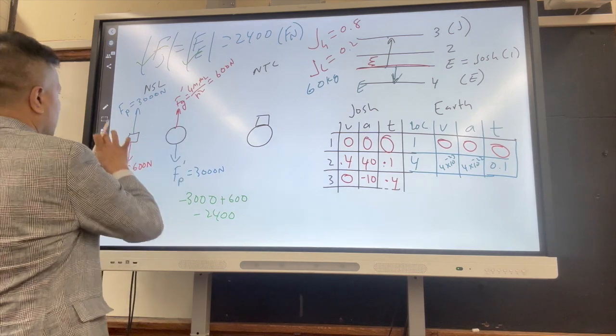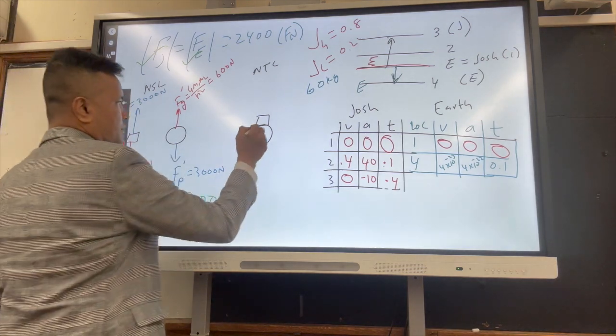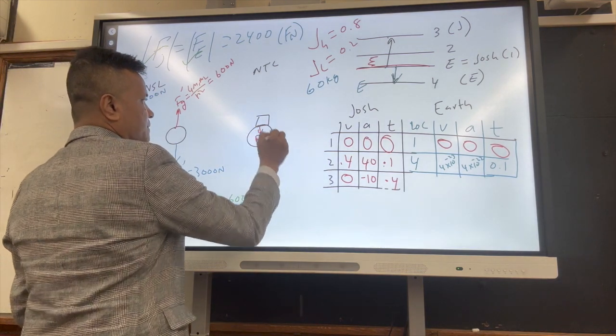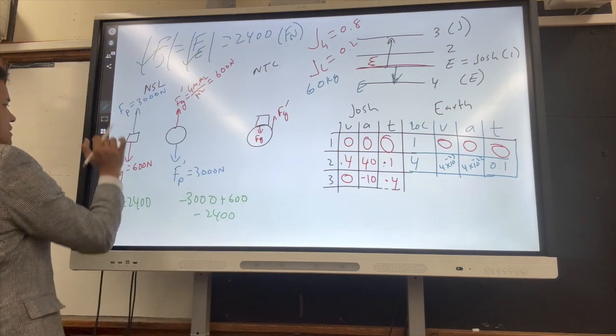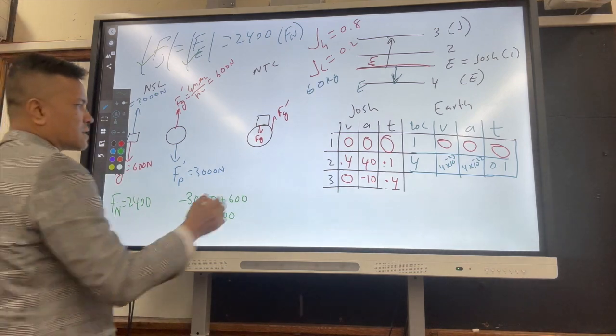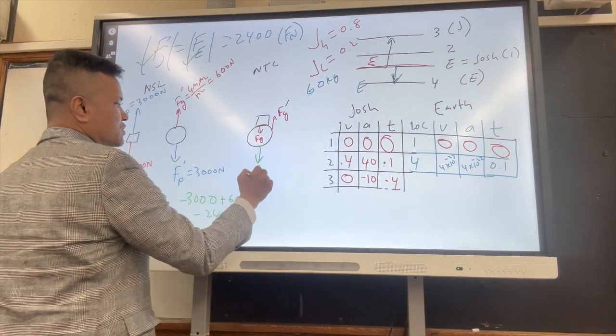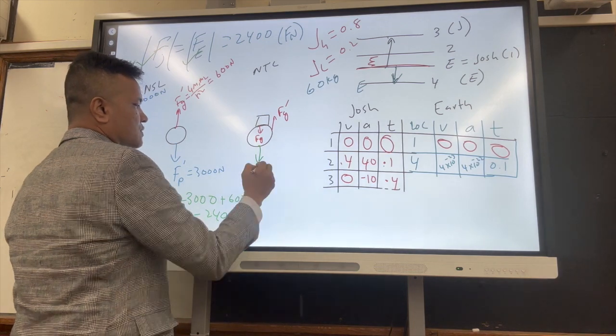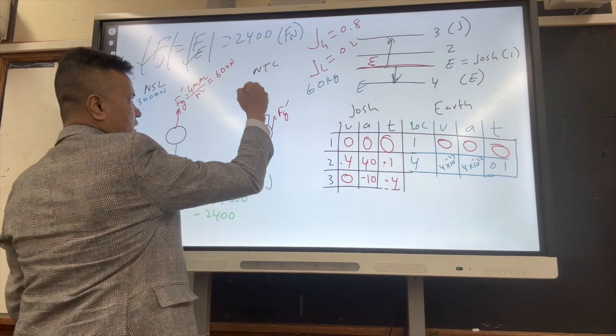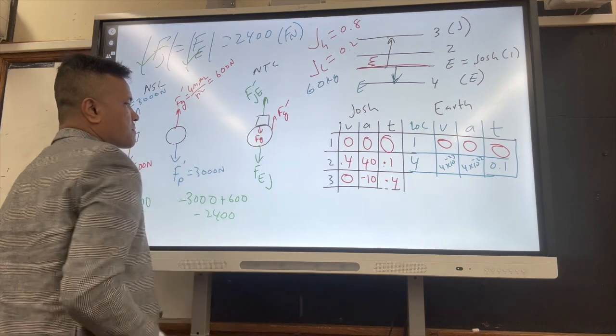Now let's put them together. Fg prime, both equal and equal in magnitude, opposite in direction. F push, or we can say F on Earth by Josh, F on Josh by Earth prime.